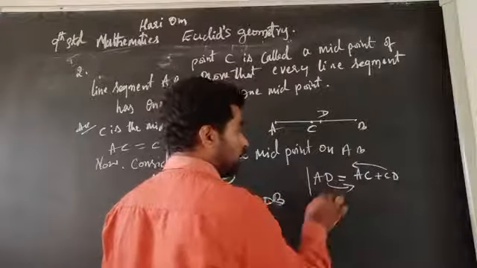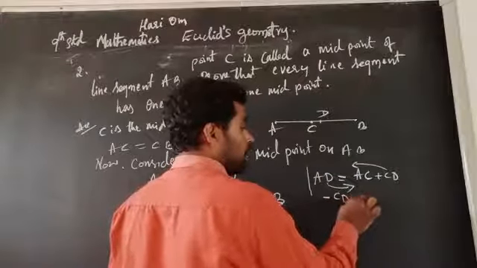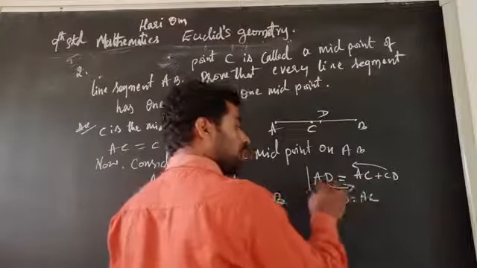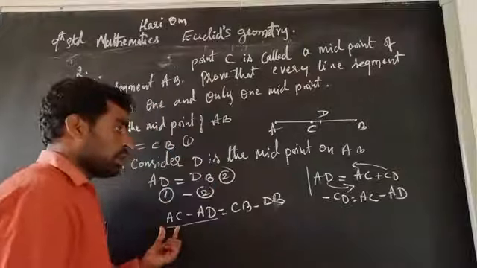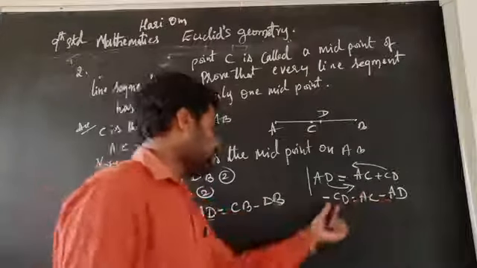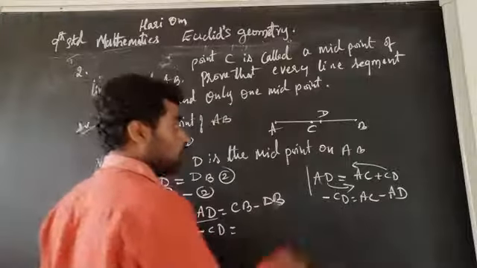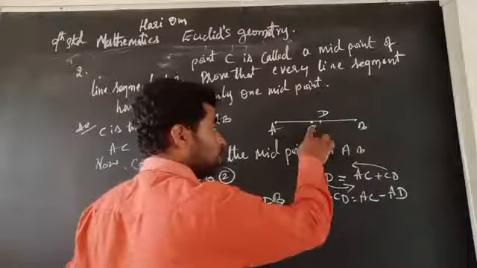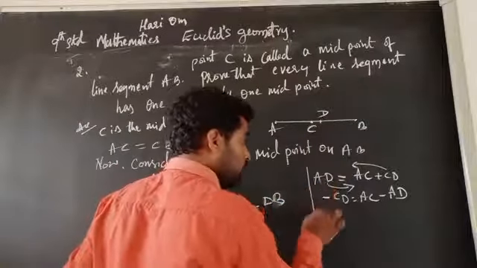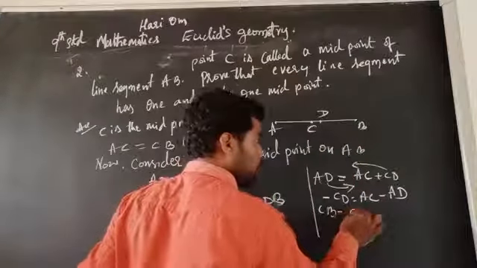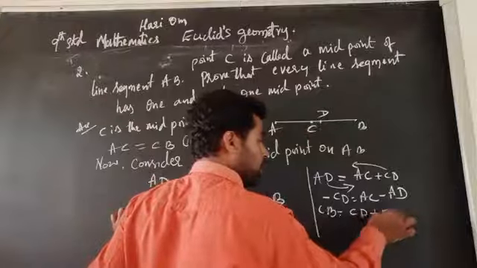Plus CD if it comes this side, minus CD is equal to AC minus AD. If it comes to the right side, what it becomes? Minus CD. Is it clear? Now AC minus AD is equal to minus CD, which is equal to here CB. CB is equal to, we can take CD plus BD.